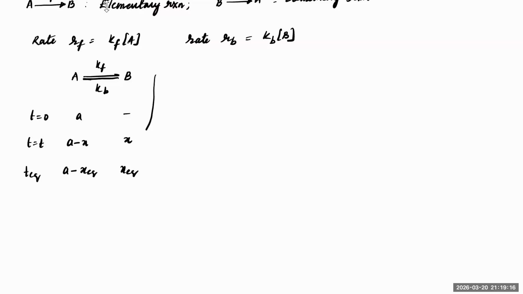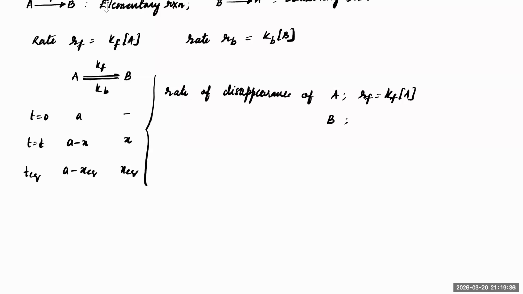And I can write the rate of disappearance of A as rate in the forward direction, Kf into A, and disappearance of B as Kb into B.